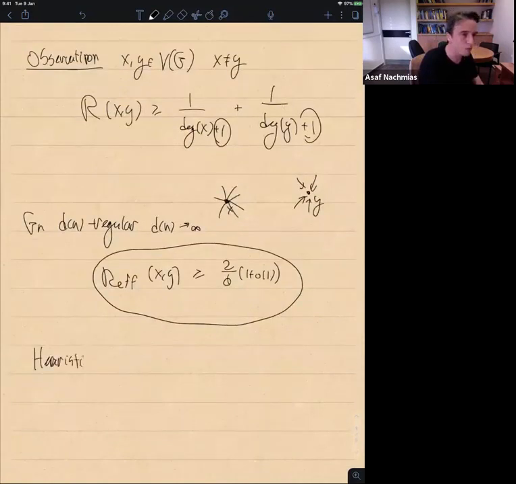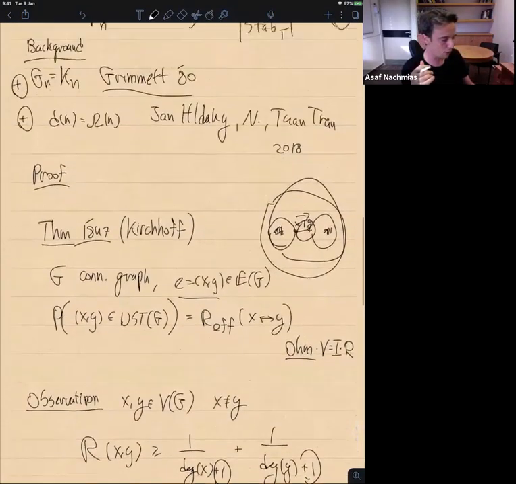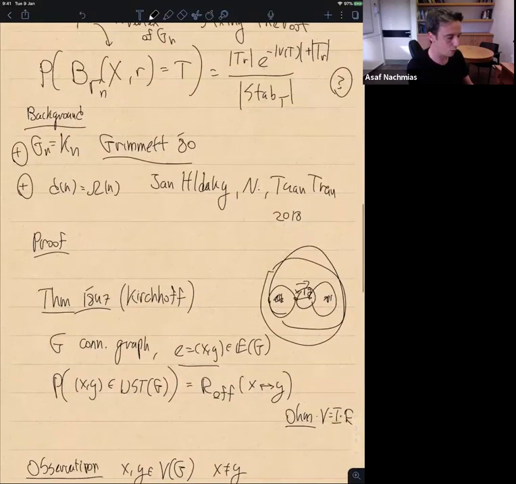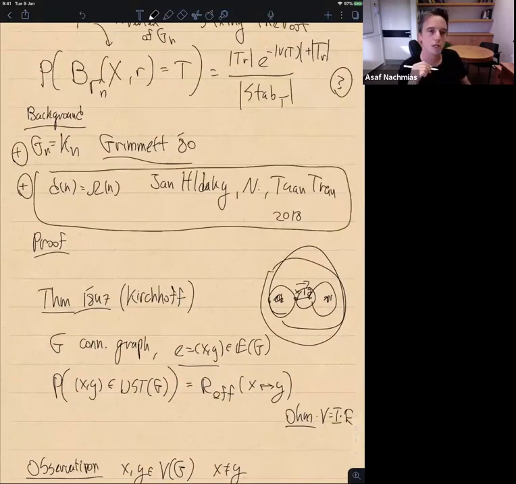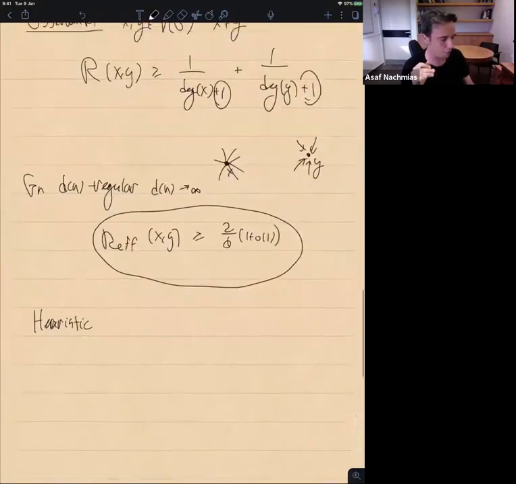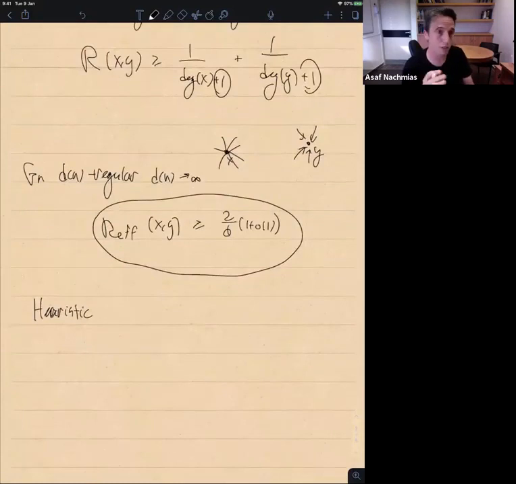In fact, you can prove that when your graph is an expander, or the random walk mixes very well, this will hold for any pair of vertices. And this is what the work that I mentioned earlier with Jan Hladký and Tuan Tran relies on, because if you know that most places of your graph look like expanders, then you have such an estimate, the converse of this estimate.